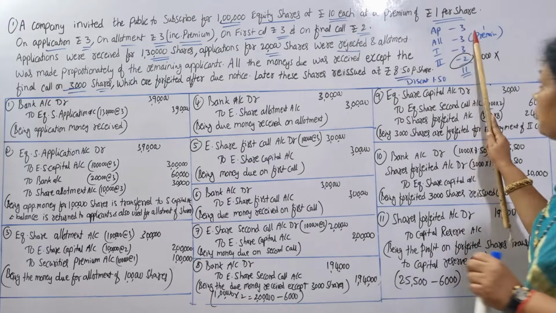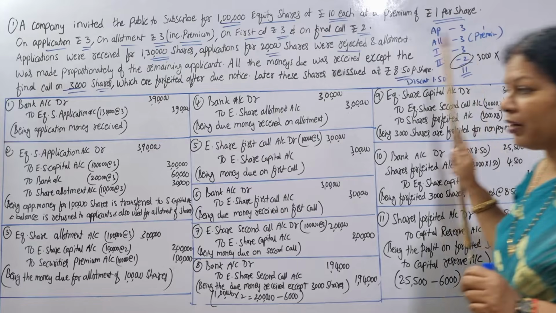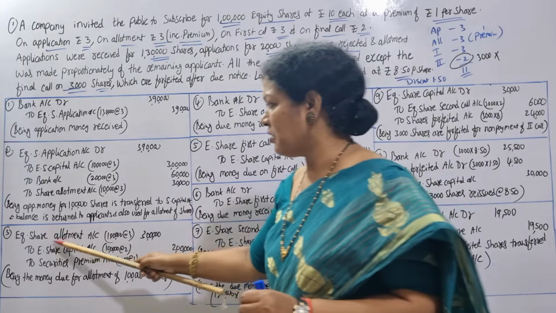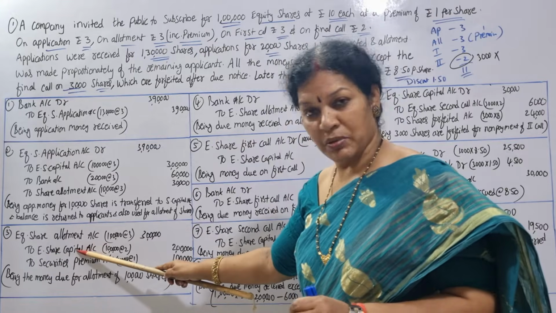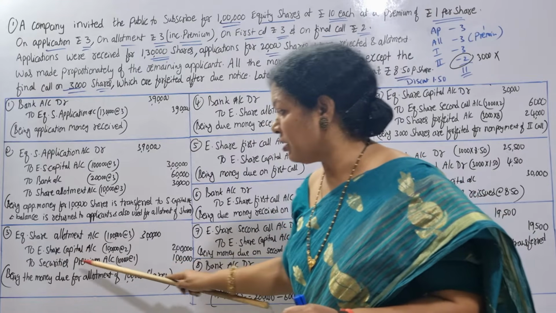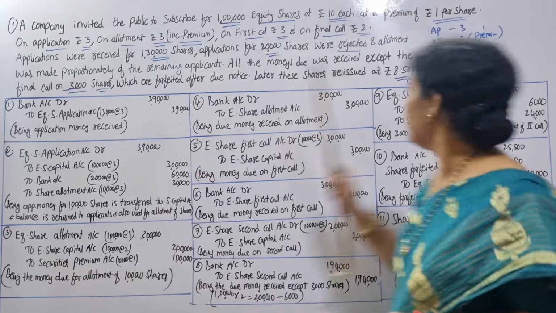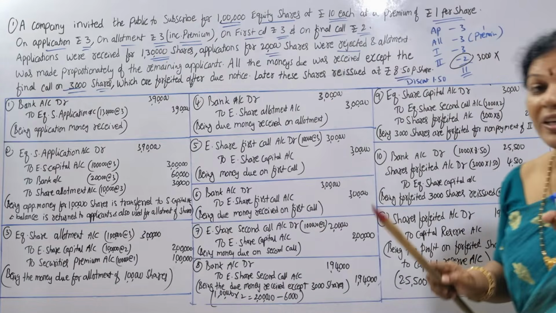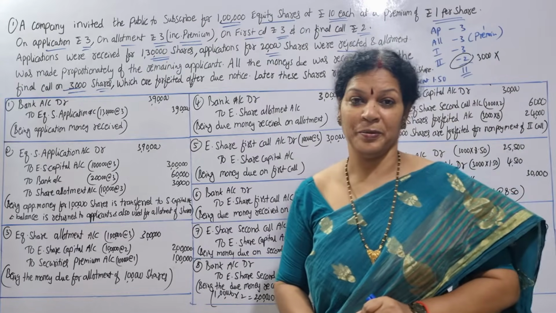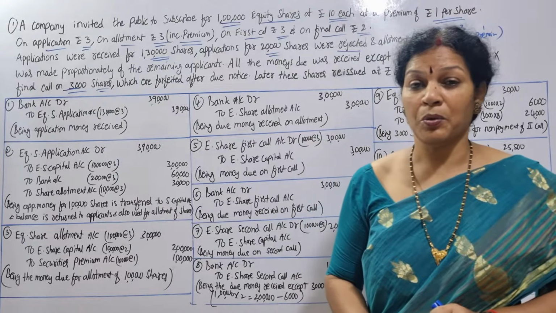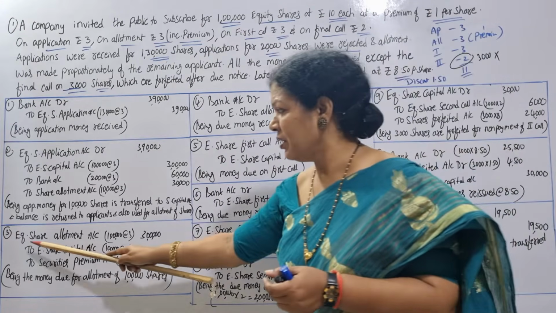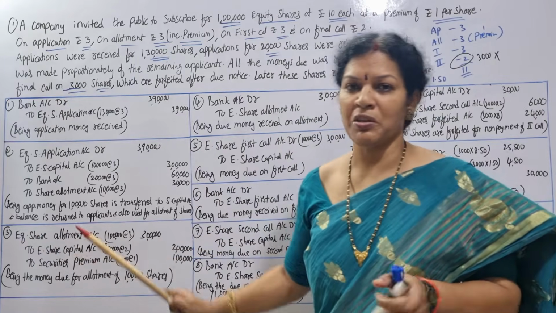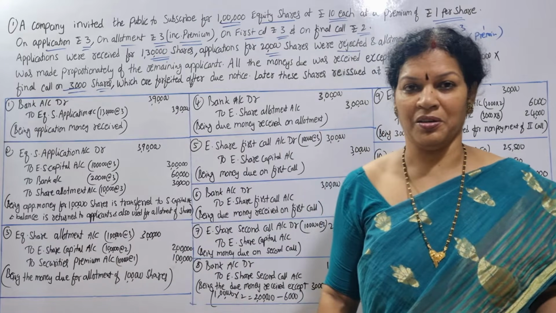Now allotment entries. Equity share allotment account to equity share capital account to securities premium account. Why securities premium? They said that premium is included in the allotment. If they had not mentioned it, then we would have written equity share allotment account to equity share capital account as usual.